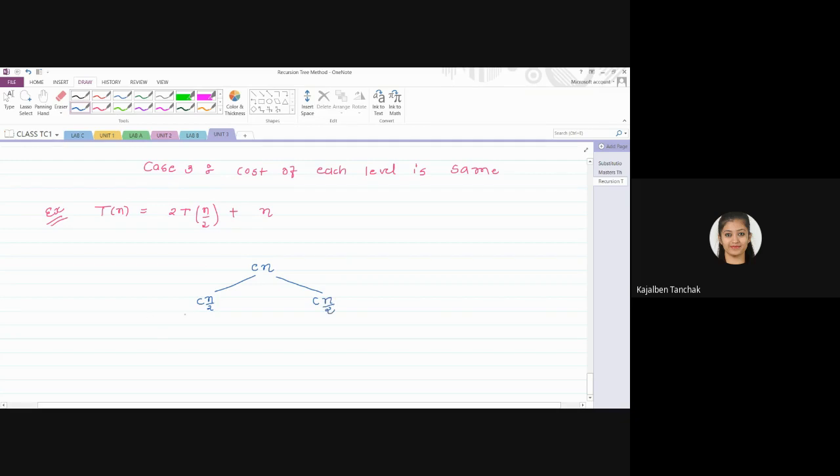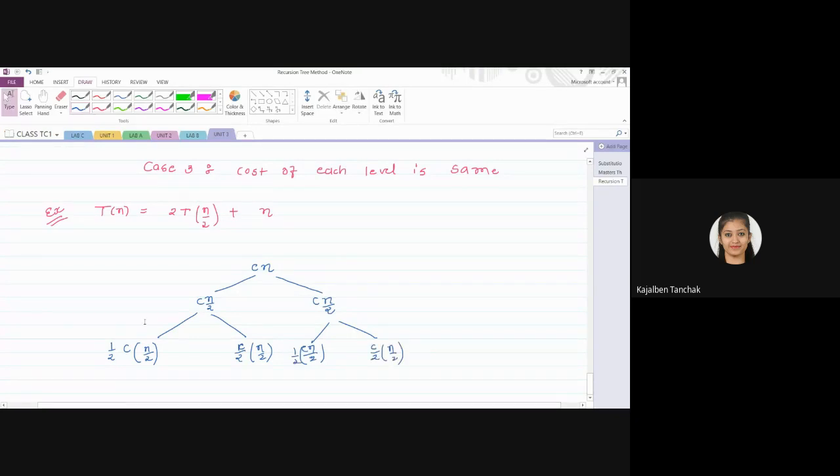Now again, this is divided into two parts. 1 by 2 you have to take common, c into n. In place of n you will put n by 2. So c by 2, n by 2. Again it is divided into two parts. c n by 2, or c by 2, n by 2.